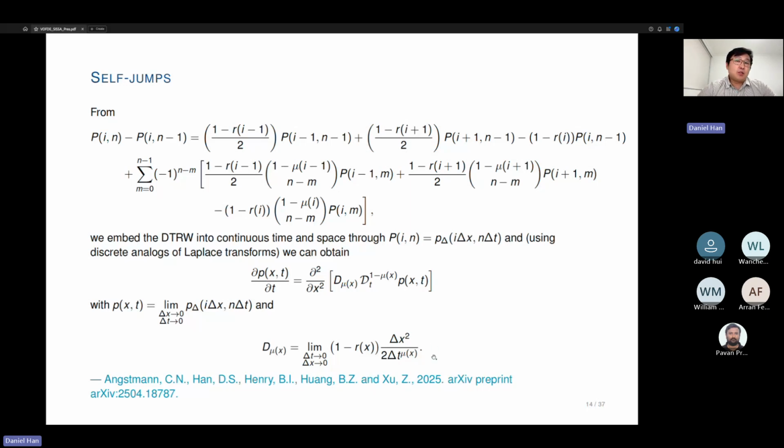This has all been released in an arXiv preprint that we uploaded last year. It's currently under review in a Royal Society journal, and so you can have a look at all the technical details there.